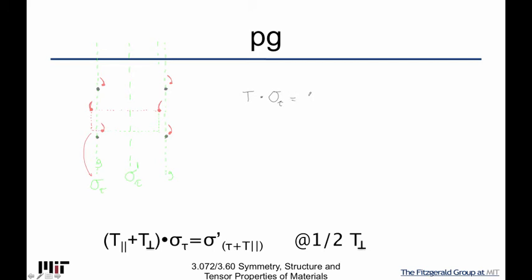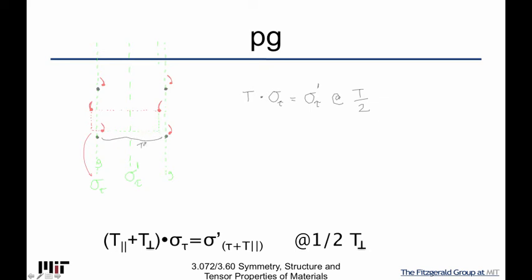That induced a glide plane at t over 2, where t, as we're defining now, is really this t.